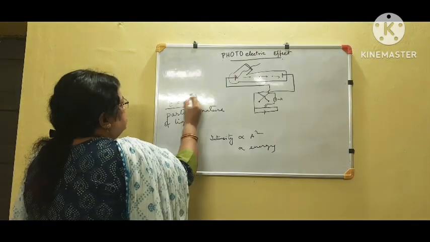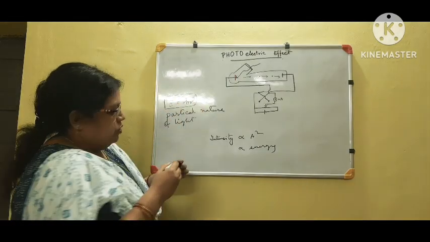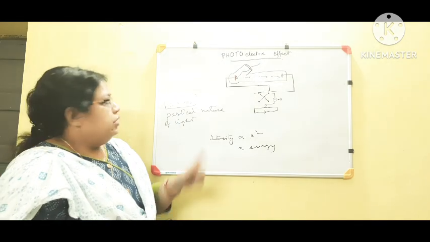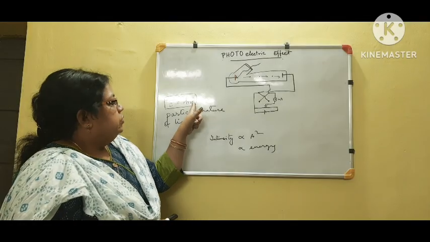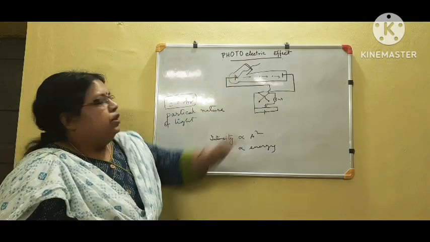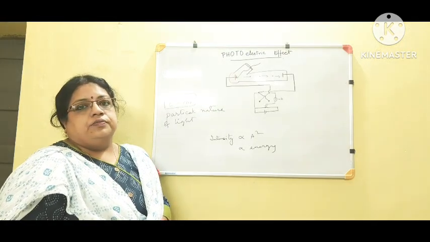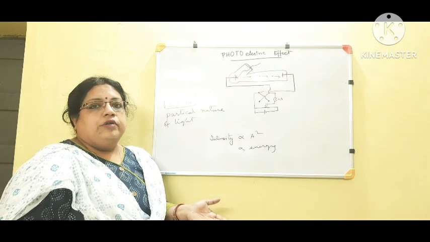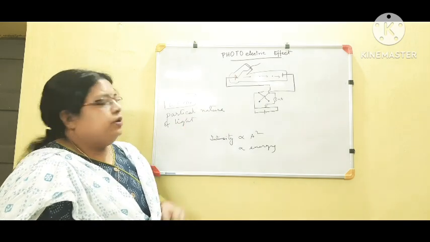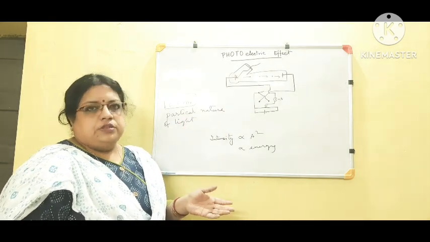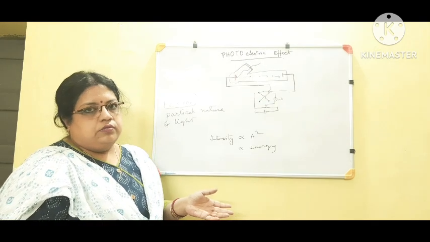Energy is equal to h nu from Einstein's theory, and the frequency depends on the energy of the incident radiation. I will explain it more clearly in my next video, dual nature of light.